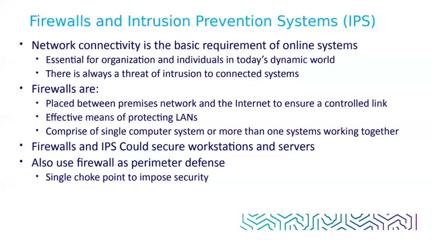So what is a choke point? A choke point is a single location through which all the network traffic passes so that the security policies can be consistently enforced. For example, South Electronic University places a firewall at the entrance of the campus network.